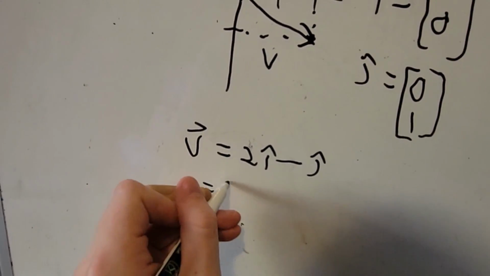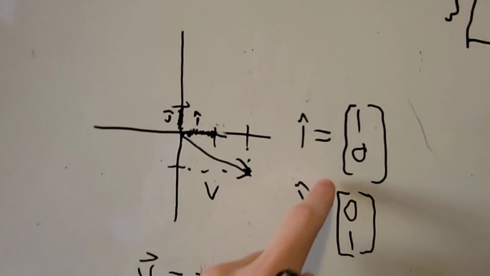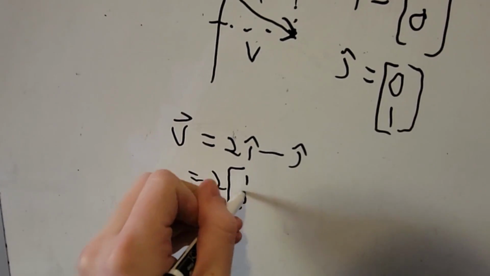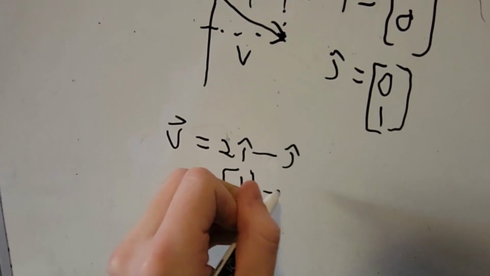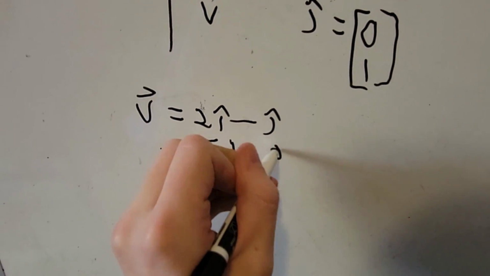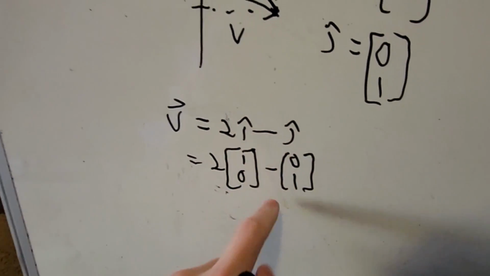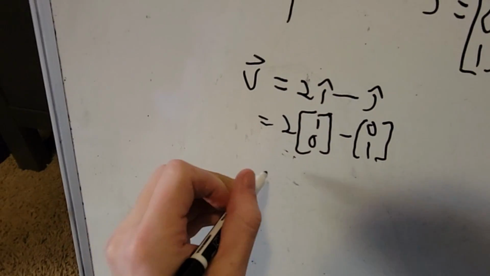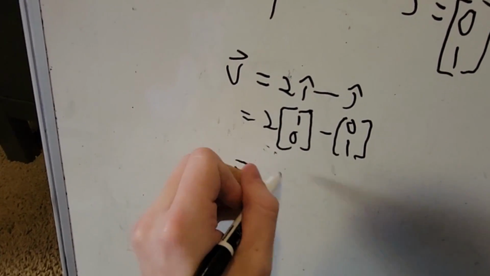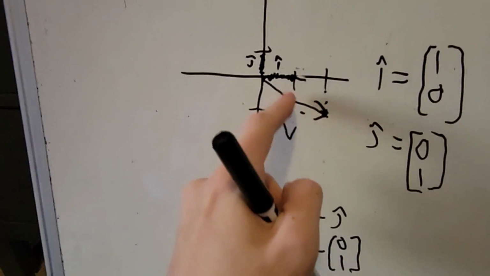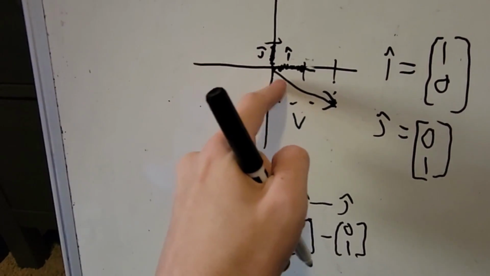Okay, so then we can rewrite this as 2. Well, what is i hat? i hat is [1, 0], so 2 times [1, 0], minus j hat, which is [0, 1]. Great. Now we can simplify this. We can kind of figure out what this is going to look like, right?